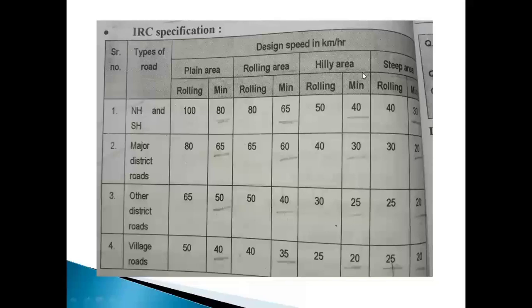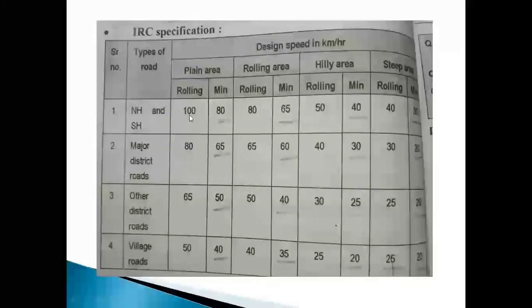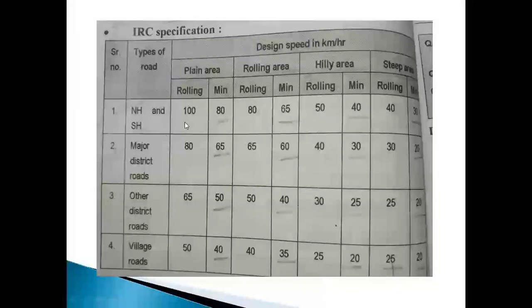Then hilly areas, then steep areas, which have steep slopes. Now see, for national highway and state highway, plain area, the maximum design speed is 100 and minimum is 80.